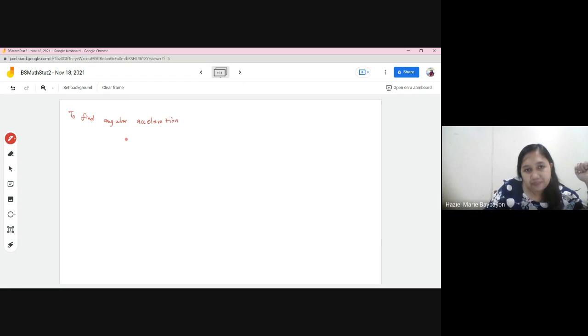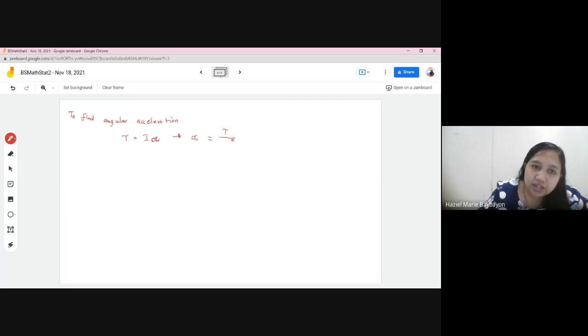So we can have torque is equal to I times alpha, moment of inertia multiplied by alpha. From this equation, we can get alpha equals torque divided by the moment of inertia. So we can get the angular acceleration using this equation.